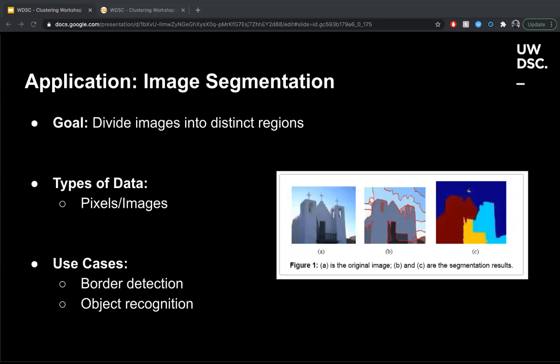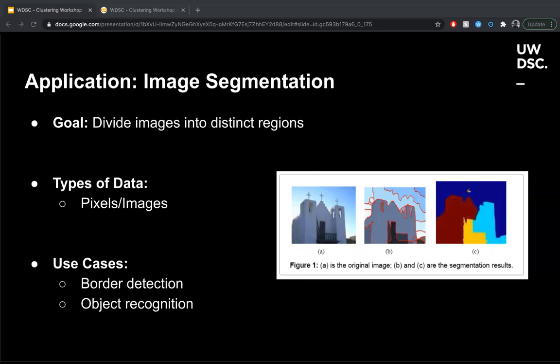Moving on to the second application, which is image segmentation, where the goal is to divide images into distinct regions. The types of data you'd get are pixels or images. Two abstract use cases are border detection and object recognition. Obviously, those are very large use cases in themselves, and within them there are very specific use cases that can be helped with, like tumor segmentation.